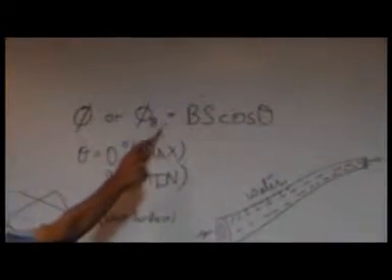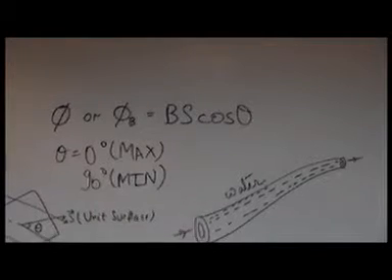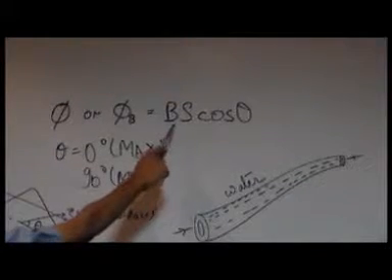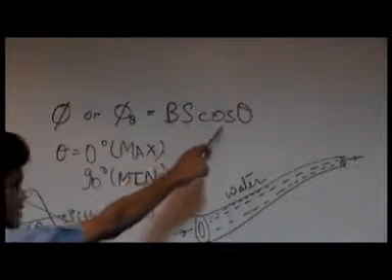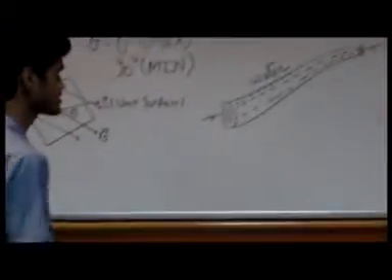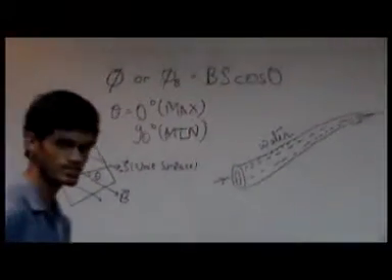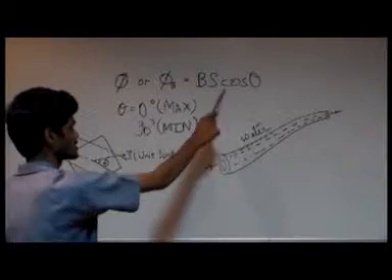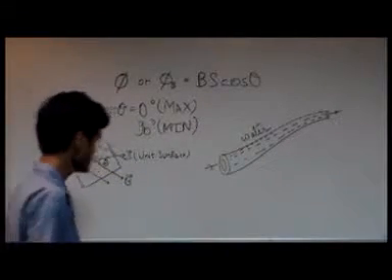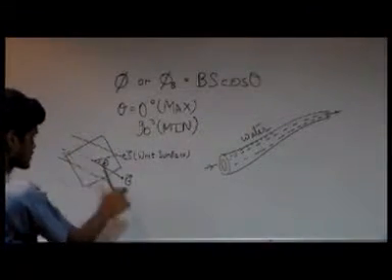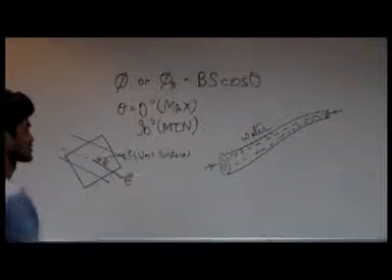Magnetic flux is denoted by the Greek alphabet phi or phi B, where B represents the magnetic field strength. Its formula is B multiplied by S multiplied by cos theta. S is the unit surface through which the field lines are passing. Cos theta is used to show the angle which the magnetic field lines make with the unit surface.